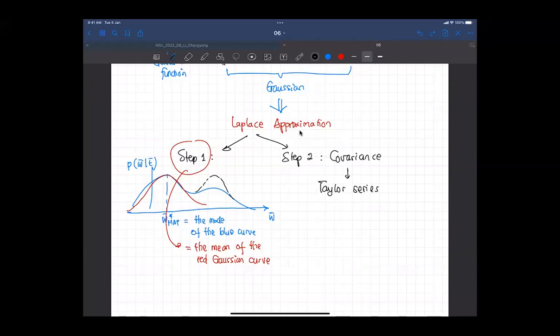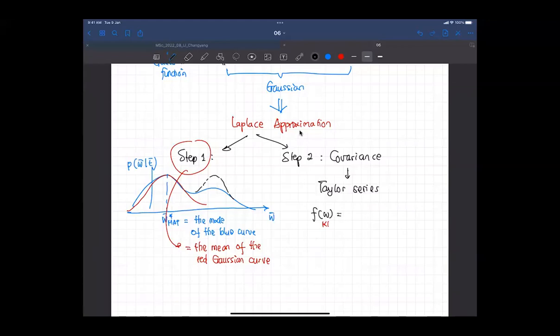And basically, we can write down the equation using Taylor series analysis. I will be consistent here with the parameter used. Assume that W is a single scalar value, 1 by 1, for the sake of easier discussion.